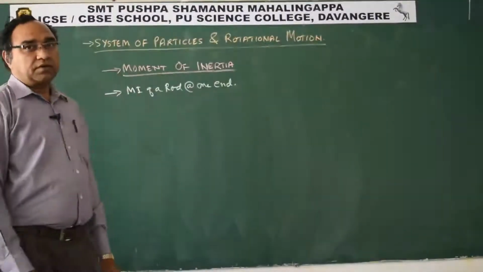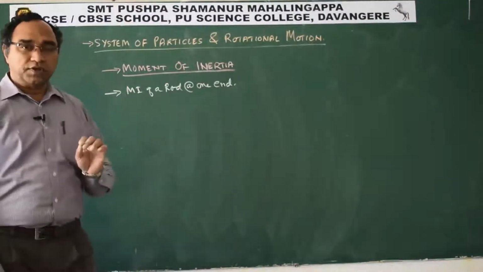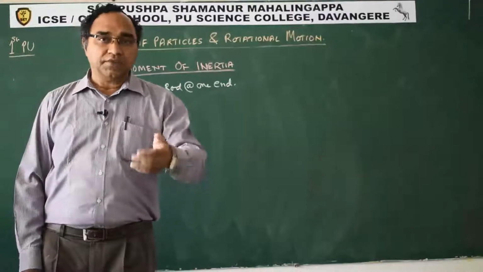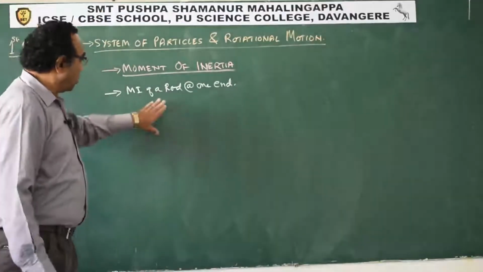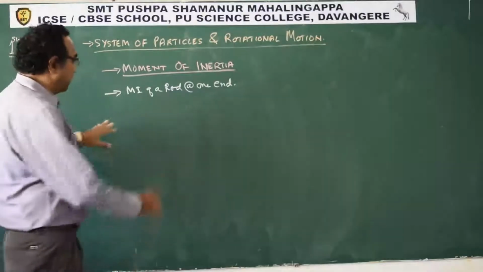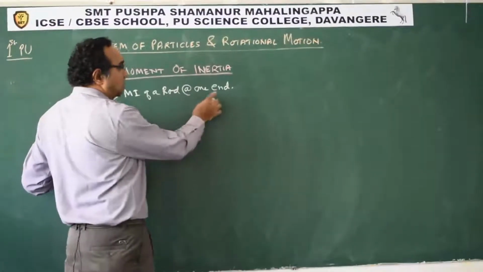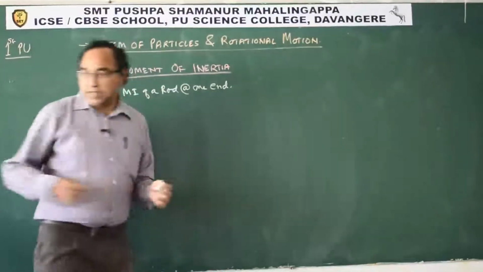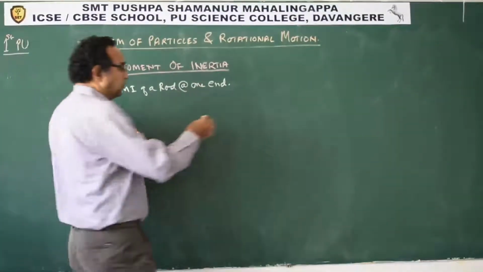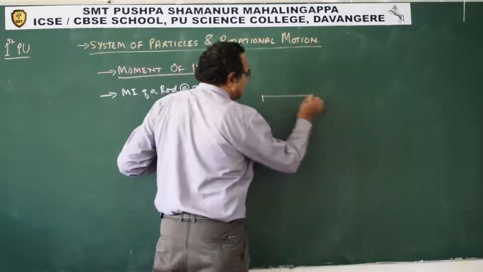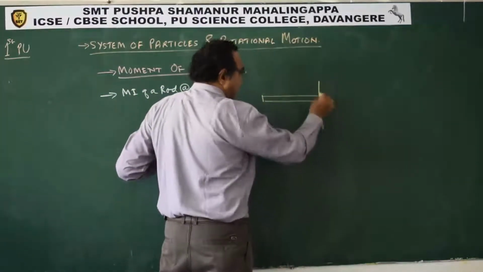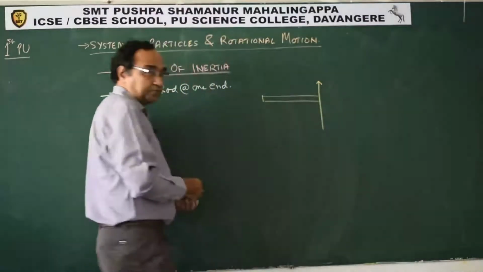Well students, till now we have seen how to use the two theorems of moment of inertia. Now let us apply the same on a rod. So we are finding moment of inertia of a rod about one end. It will be something like this. If you see it as a diagram, this is a rod and about one end, this is the axis.